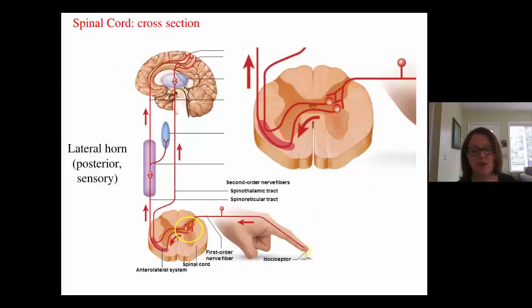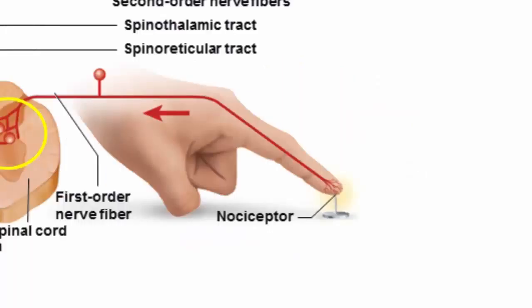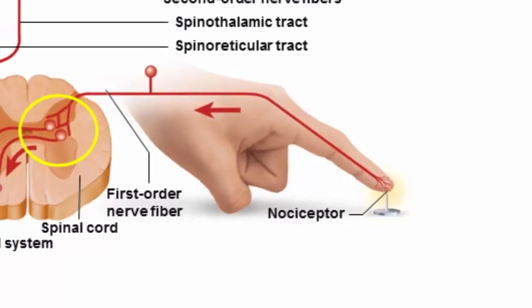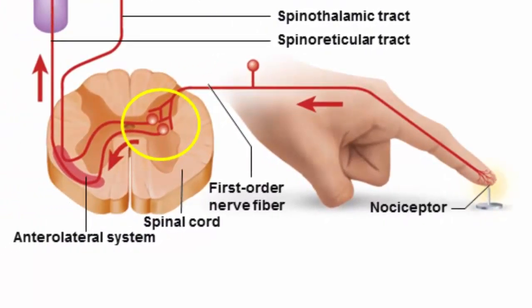Now this picture is just kind of showing you a big picture of how we could use the posterior horns of the gray matter to bring in a sensory signal. So in this picture here, someone is apparently pushing their finger down on a tack, right? And that's going to activate a pain sensory receptor. And that pain sensory receptor is basically a neuron that is going to send a signal to the spinal cord.